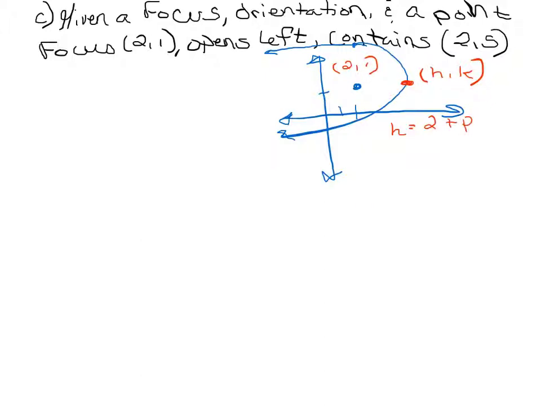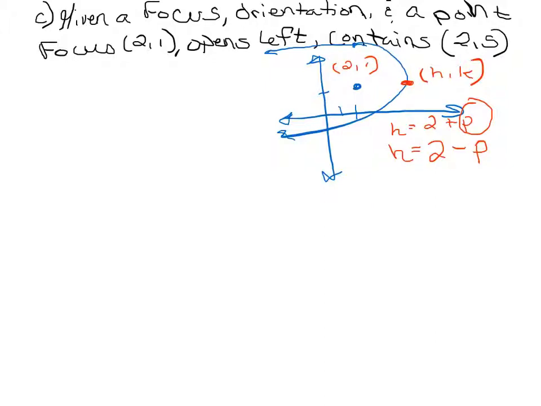However, since I'm opening left, I know my p is going to be negative. So if I want to be more than 2, and I know p is negative, I'm going to have to say h is equal to 2 minus p, because then when I put in a negative p, I'm going to get minus a minus, which is going to be plus. So it takes a little bit of intuitive thinking there.